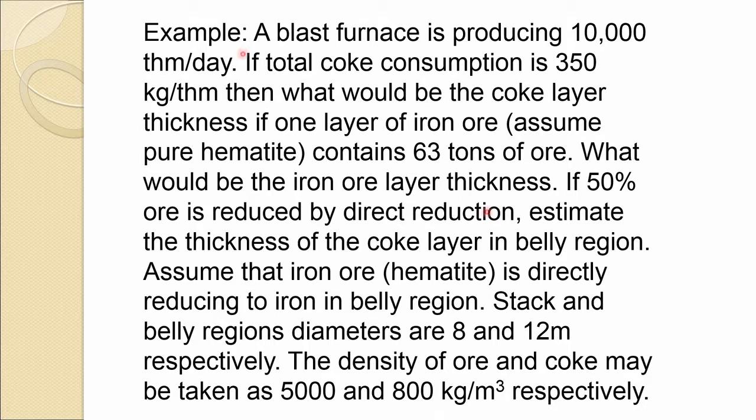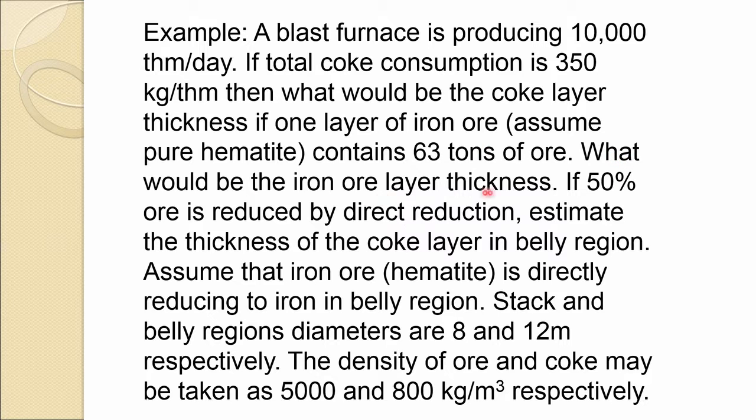A blast furnace is producing 10,000 tons of hot metal per day. If total coke consumption is 350 kg per ton of hot metal, then what would be the coke layer thickness if one layer of iron ore, which you can assume as pure hematite, contains 63 tons of ore? So, when you are charging one layer, it contains about 63 tons of ore.